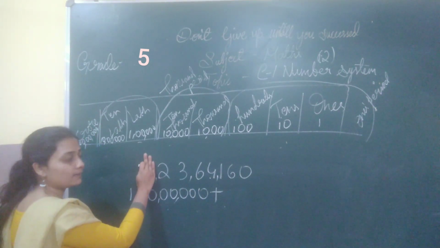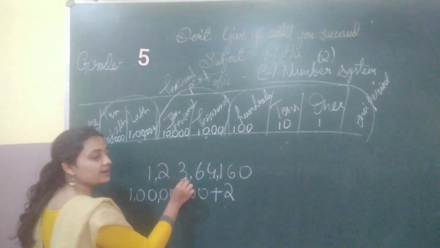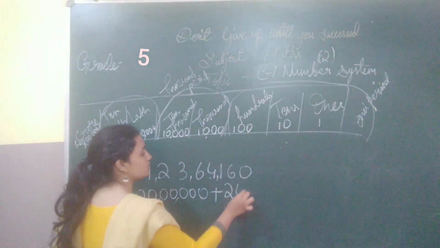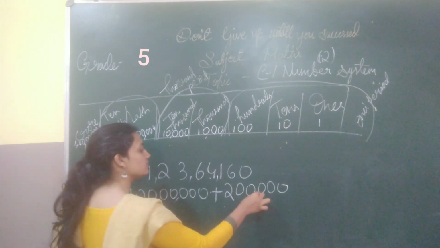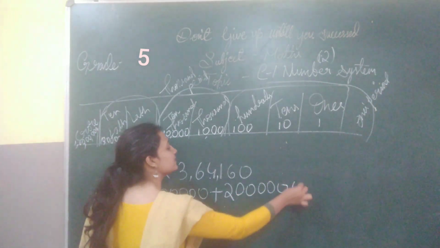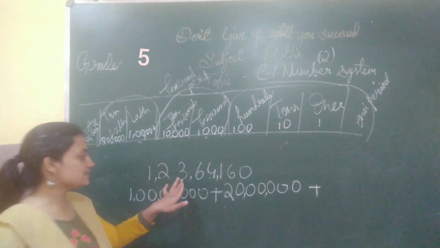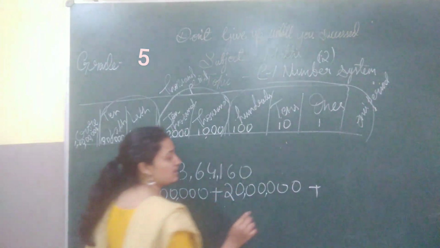Let's go for the next number, 2. How many numbers are there after 2? 1, 2, 3, 4, 5, 6. So I should place 6 zeros. Now go for the next number, 3. It has 1, 2, 3, 4, 5 numbers after that.